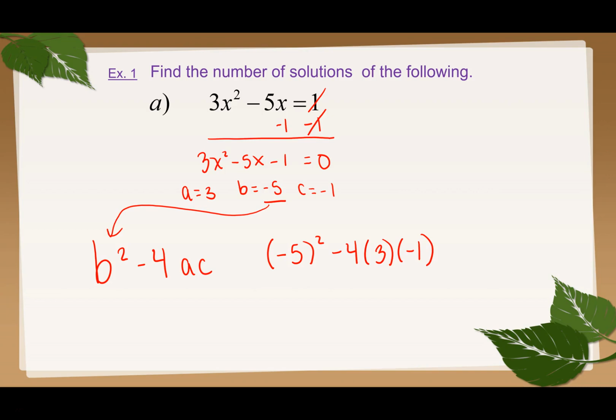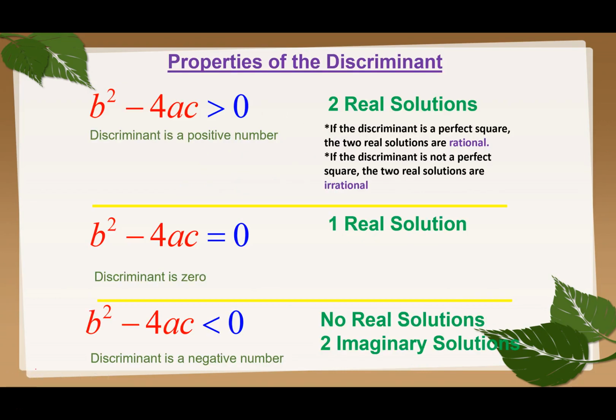I get 25, and -4 times 3 is -12, times -1 is +12. You know that's true because a minus times a minus is positive. So that's going to give me 37. Now that 37 is greater than 0, it's a positive number, so let's go back and see what that says. That's one of these cases right here. And so we would just answer with 2 real solutions.